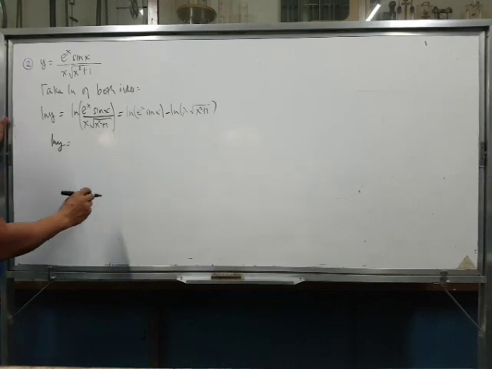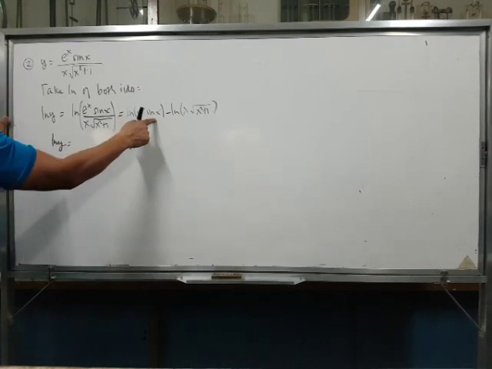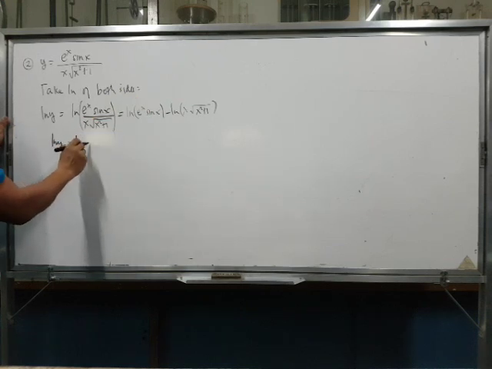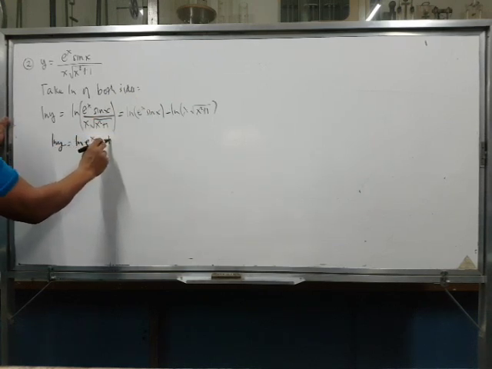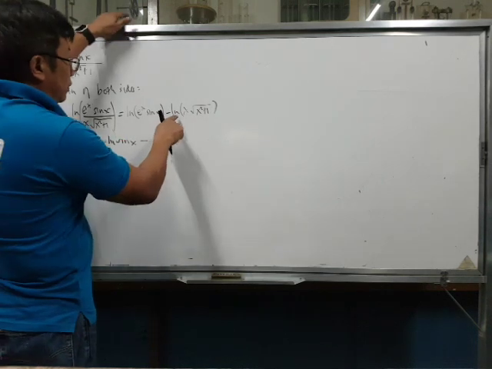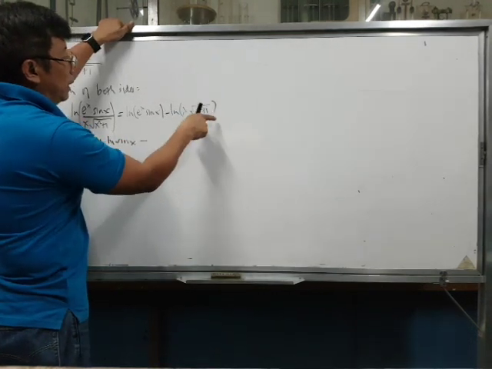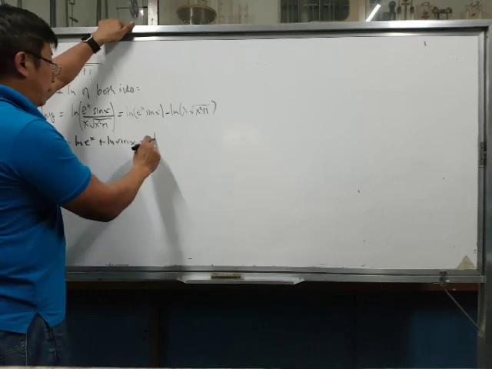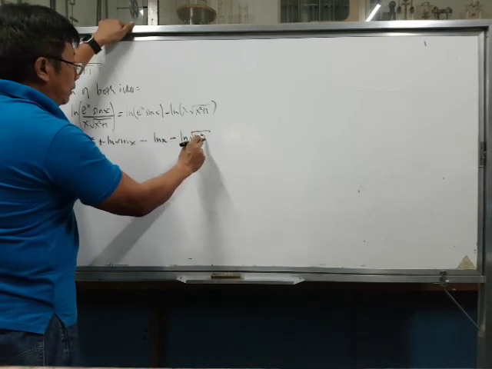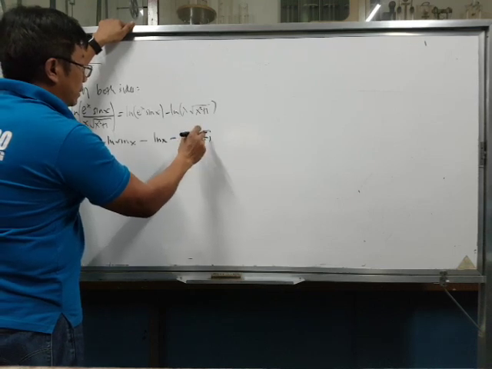So ln y is equal to, we know that ln of product is sum of logarithms. So this is ln e^x plus ln sine x. This is also ln of x plus ln square root of x squared plus 1. So ln x, ln square root of x squared plus 1.